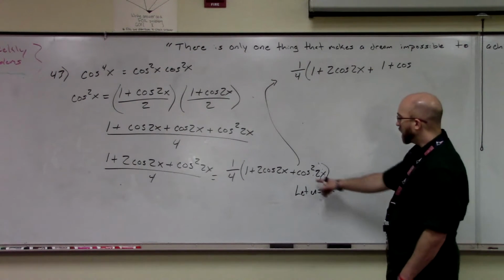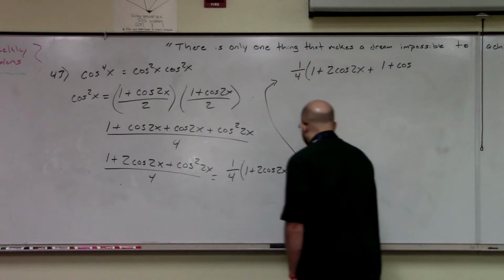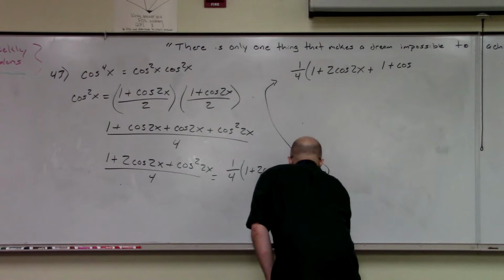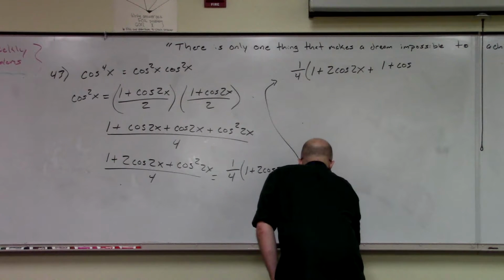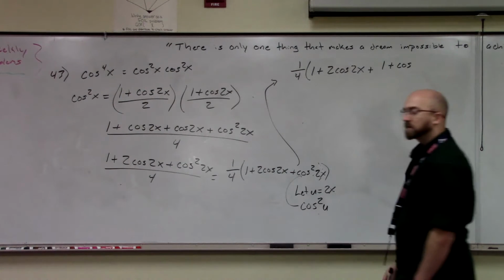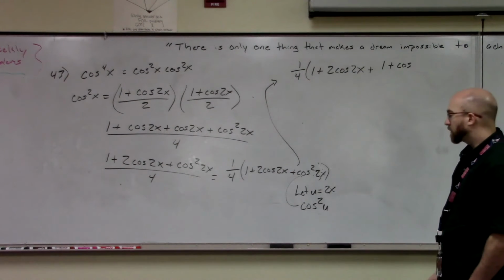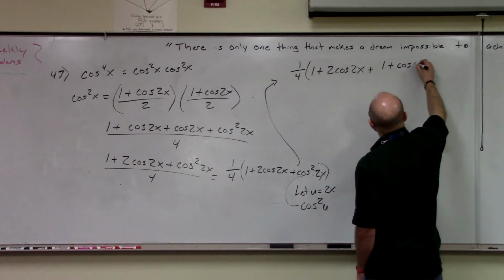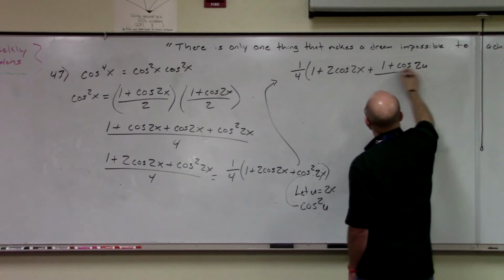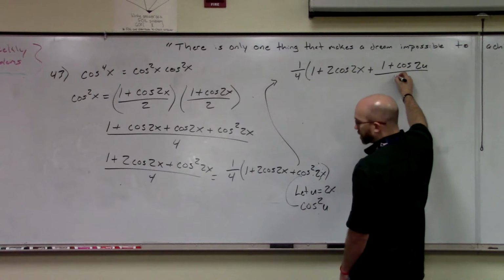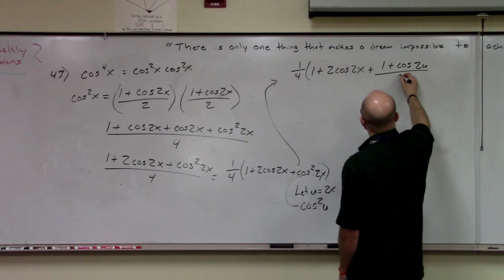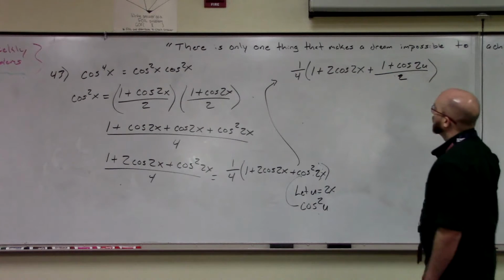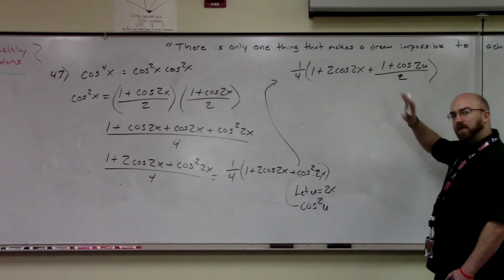So that means I'm just evaluating cosine squared, which turns into cosine squared u. It's a little bit easier for us to just see mathematically. So that means this turns into 1 plus cosine 2u over 2. Okay?